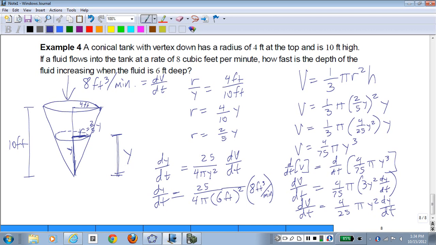We're going to have feet cubed in the numerator and square feet in the denominator. So we'll end up with feet in the numerator per minute in the denominator. So it would make sense if we wanted to know how fast the water level is rising, so many feet per minute. So at least the units make sense. Hopefully we get the correct number to go with those units.